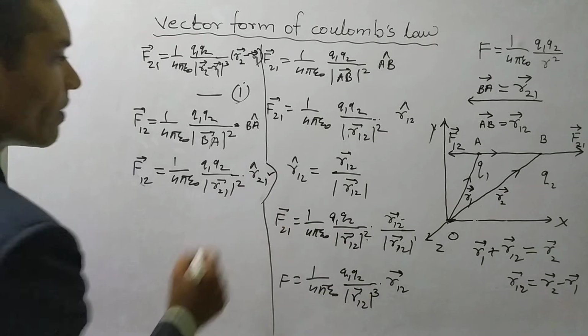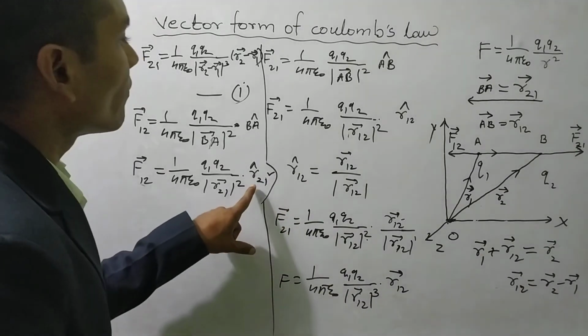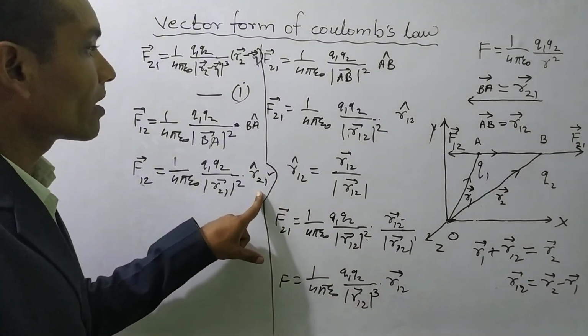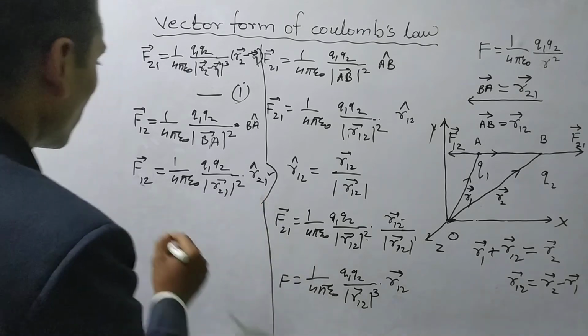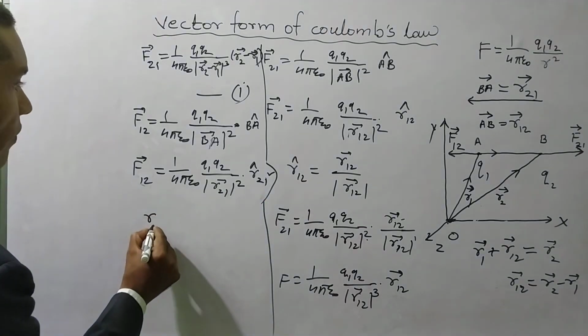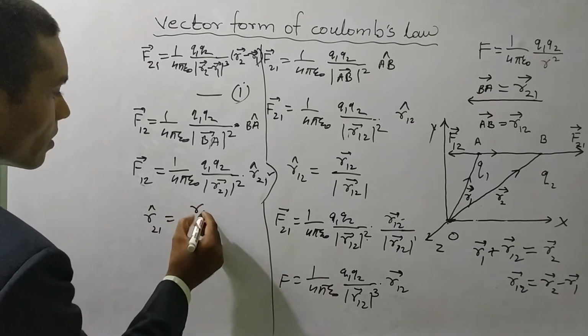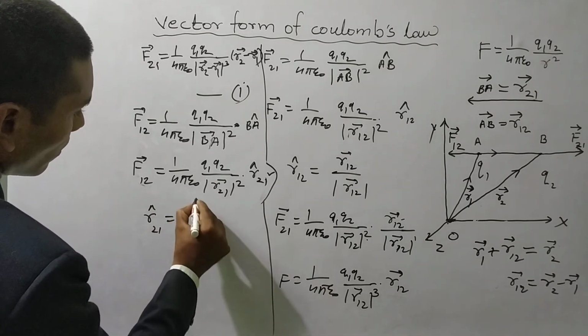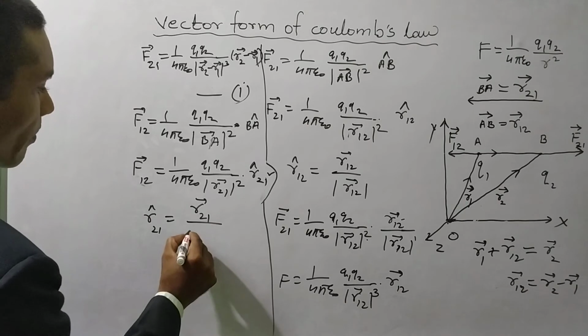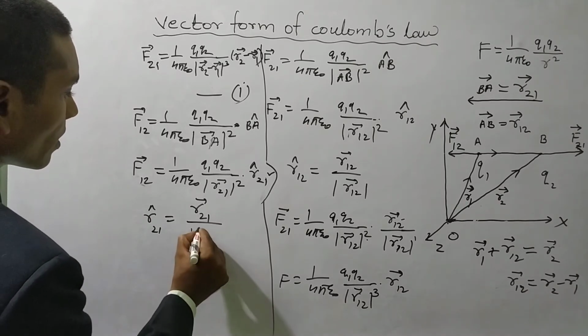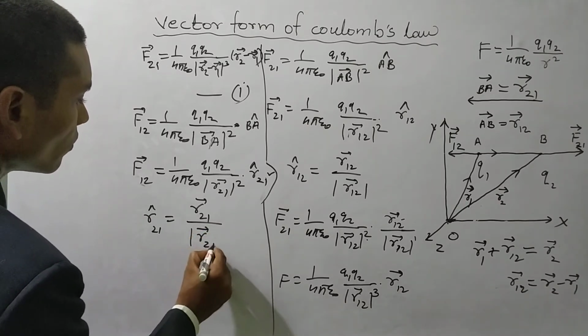Now this is the unit vector. We can find the value of this unit vector. The unit vector R21 will be equal to the position vector R21 upon the modulus of vector R21.